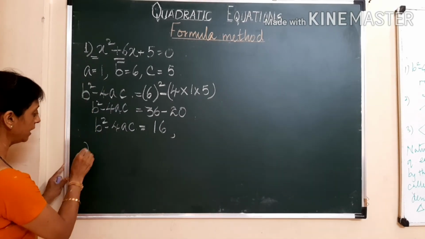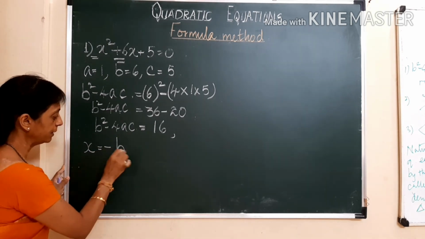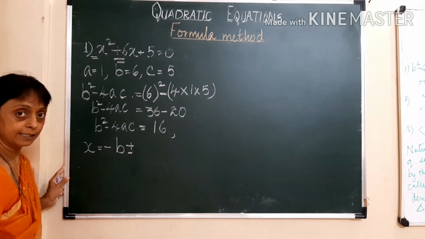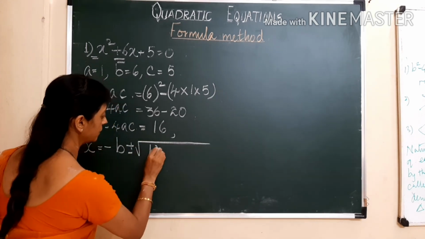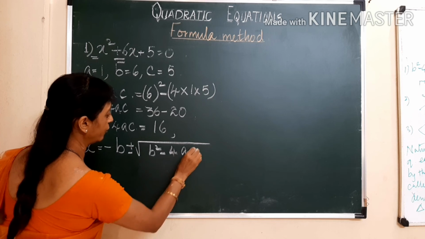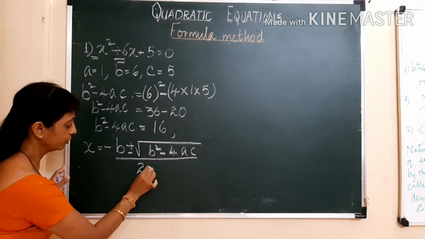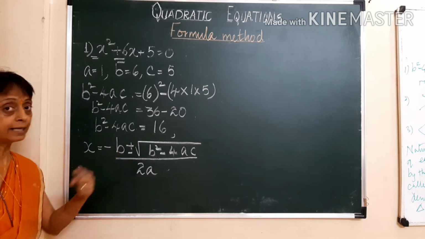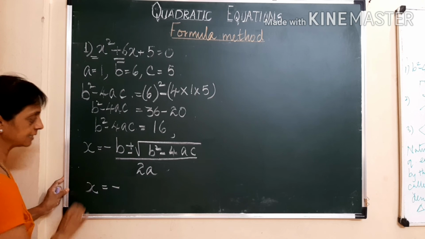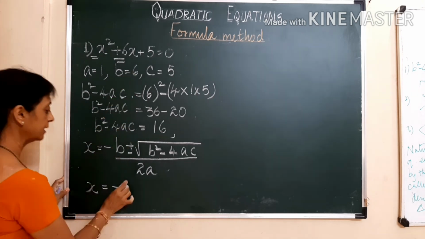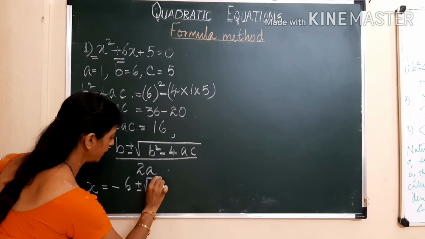Therefore write the formula. What was the formula? x is equal to minus b plus or minus square root of b square minus 4ac upon 2a. Next step, let's substitute their values. Minus as it is. What is the value of b? 6 plus or minus square root of.